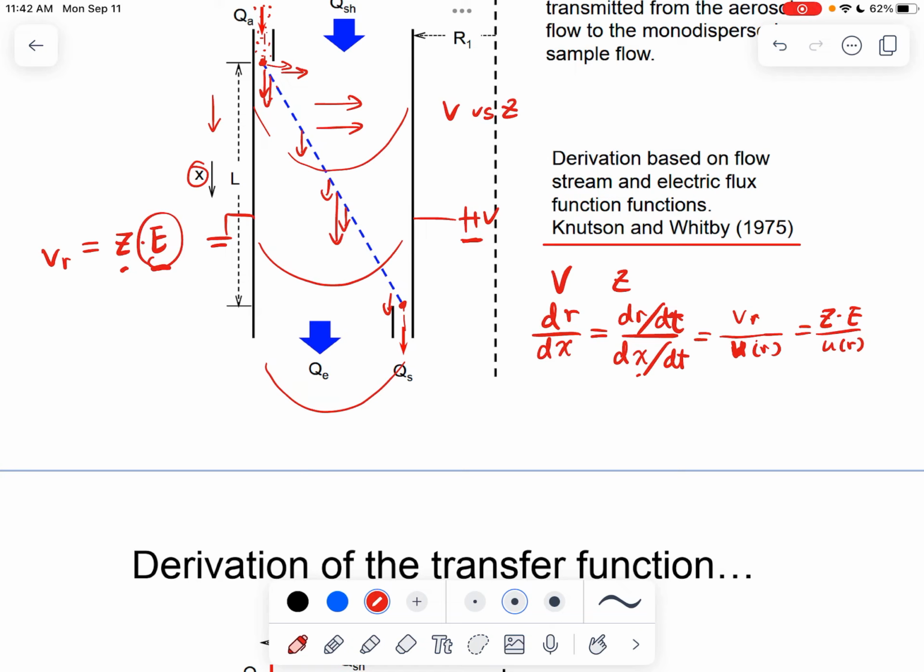If you know the voltage that's being applied onto these two cylinders, the field can be directly solved by solving for the potential. Okay, so basically you can find out that the electrostatic field strength can be calculated by V divided by r log R2 over R1. So you could solve this field strength by using Maxwell's equations.